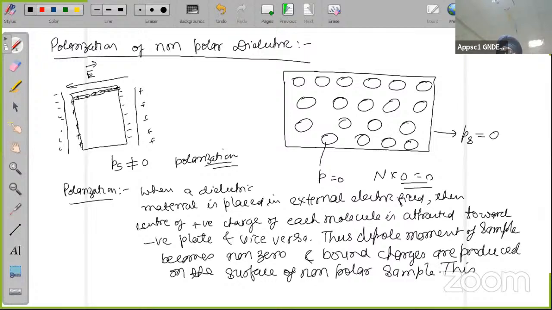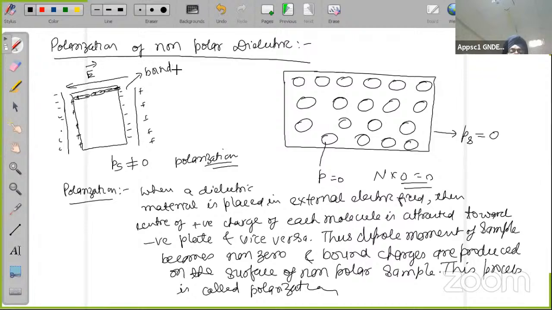This process is called polarization. Kindly remember, these charges which are produced are bound charges.